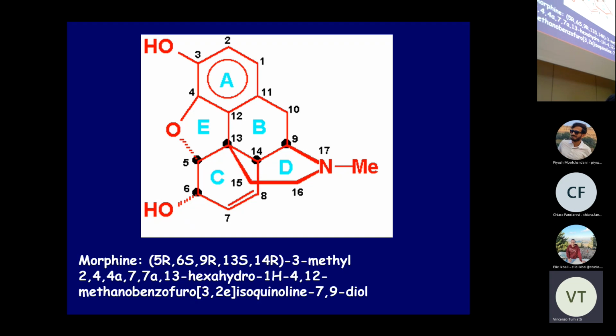This means that if we want to increase the concentration of morphine inside the CNS, we can mask, we can protect chemically the two OH groups with lipophilic substituents. For example, we can transform these two OH into esters. This molecule is called heroin.